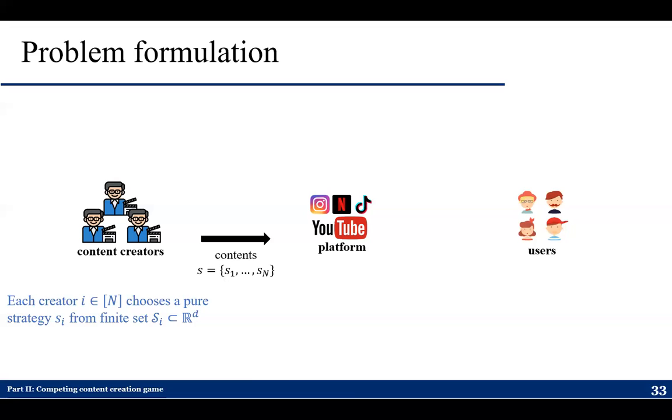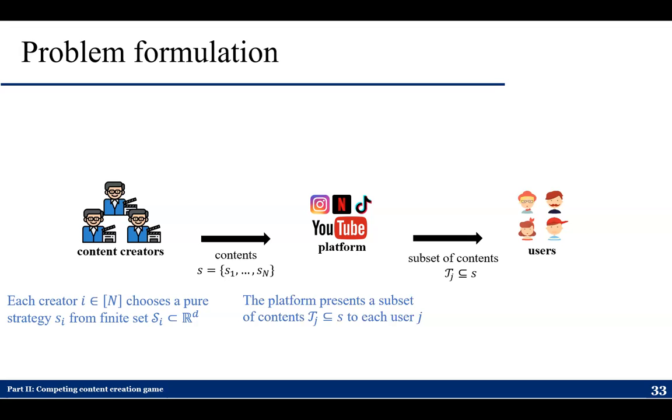Every creator will choose to make some type of content, and together, this content is denoted by S. This S is the set of all contents provided by the content creators. And then upon receiving the set S, the platform will present a subset of contents to each user. Like, the platform will choose the most relevant contents in this set S for each user.